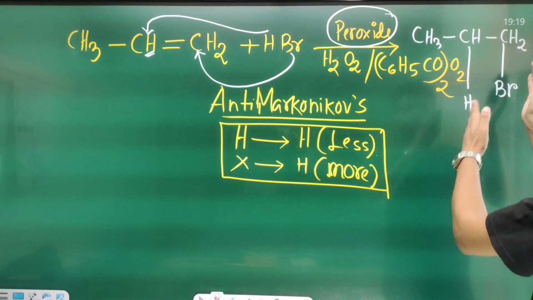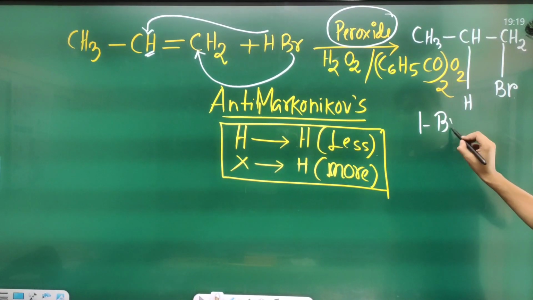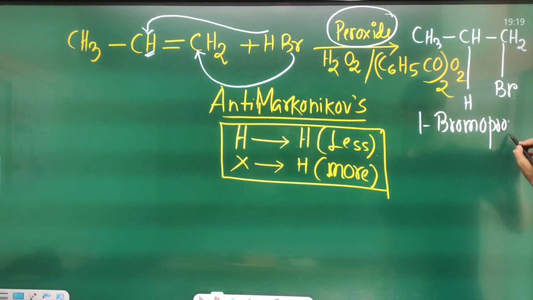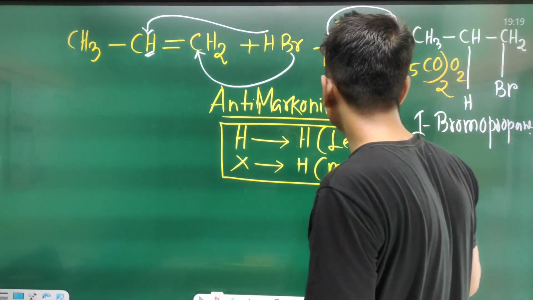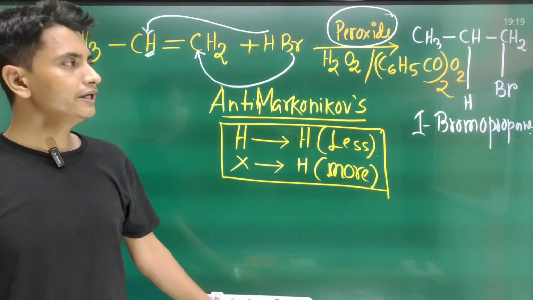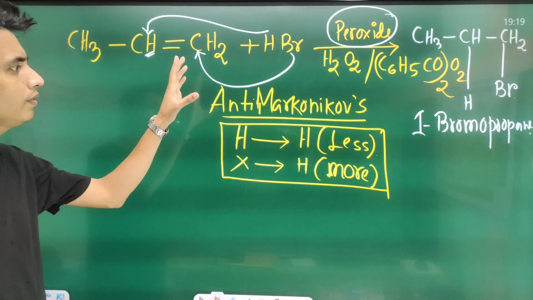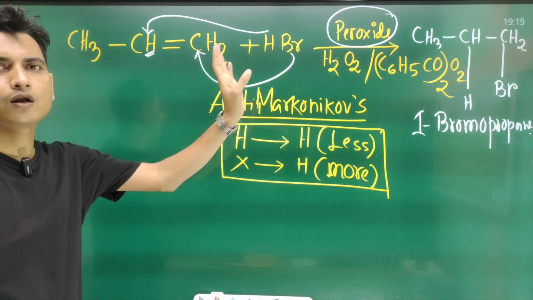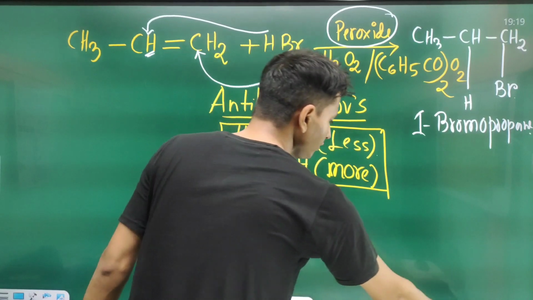Again it will produce haloalkane compound, that is 1-bromopropane. This is another kind of haloalkane. In this way, we can easily prepare haloalkanes with the help of Markovnikov's rule and anti-Markovnikov's rule. We will get haloalkane type compounds. Is it clear? Okay. Next example.